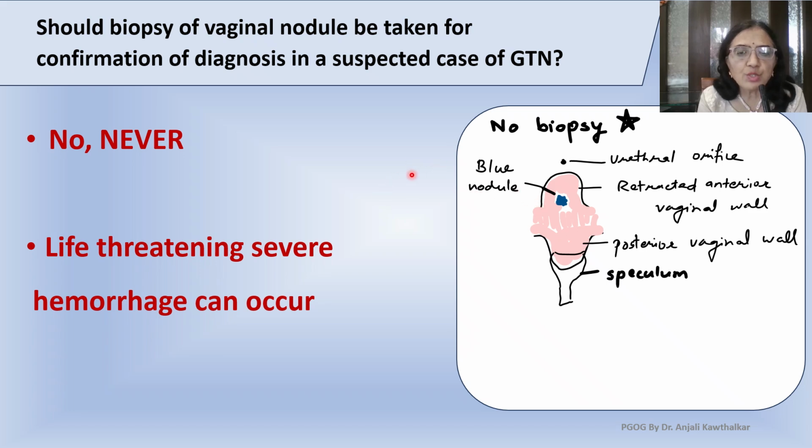There is no need of histopathological diagnosis to start chemotherapy in GTN. That is one reason why. Because if you try taking a biopsy, it is so vascular that the patient can have life-threatening severe hemorrhage. So this slide, I hope that all of you remember throughout your life, and no one of you will attempt to take a biopsy from a vaginal nodule.